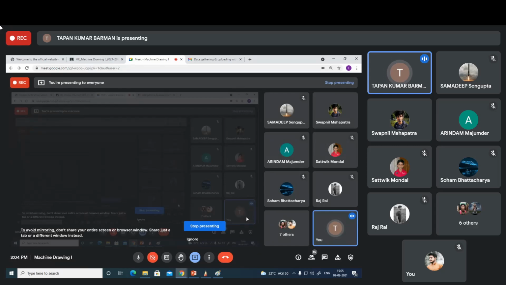That plane is a transparent, imaginary plane. Depending on the relative position of these, one projection may be first angle or third angle. The same thing I have made here.